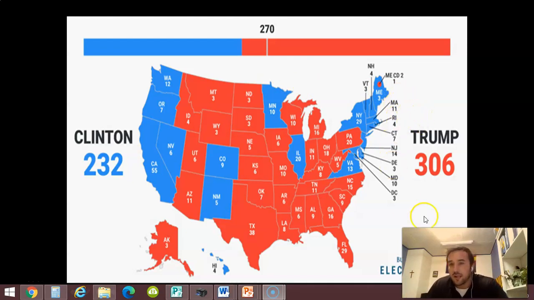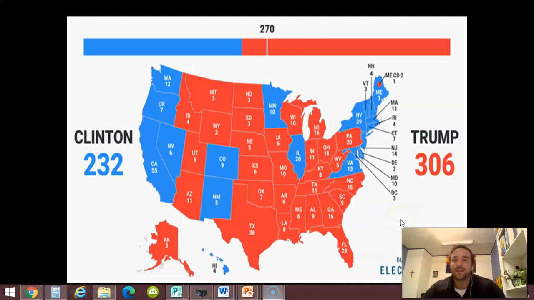Now you can see that President Trump won 306 Electoral College votes and Hillary Clinton won 232 Electoral College votes. If you don't believe this chart, you can count up all the blue here, and it adds up to 232. 306 again is all President Trump.